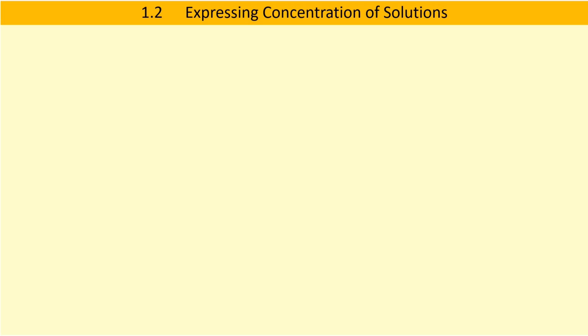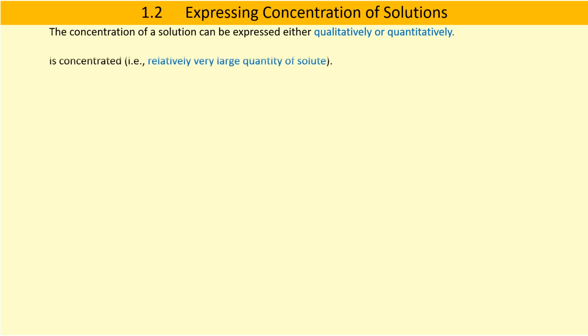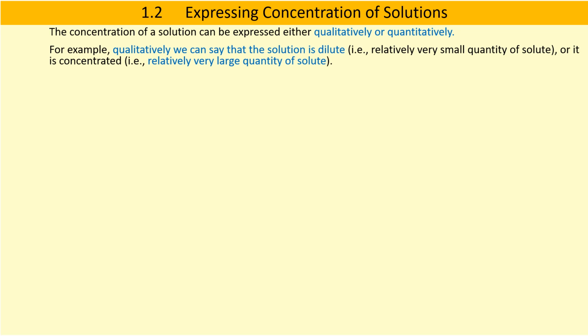Expressing concentration of solution. Composition of a solution can be described by expressing its concentration. The latter can be expressed either qualitatively or quantitatively. For example, qualitatively, we can say that the solution is dilute, that is, relatively very small quantity of solute, or it is concentrated.